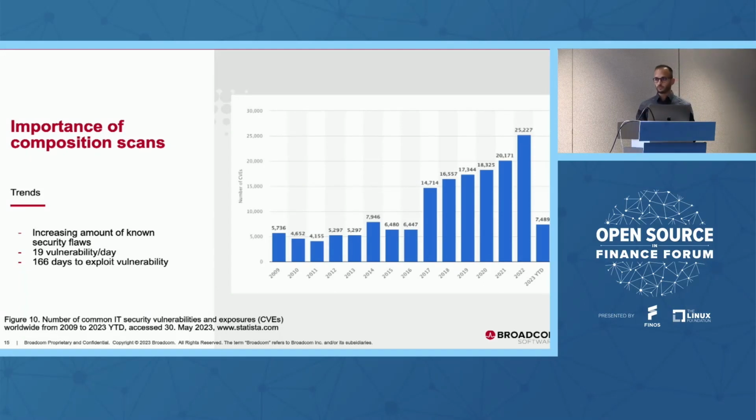Why it's important to do these scans? As you can see on the graph, each year the number of found vulnerabilities are growing, and is growing by large. For the last quarter, it was more than 7,500 newly found vulnerabilities, which is roughly 20 a day.